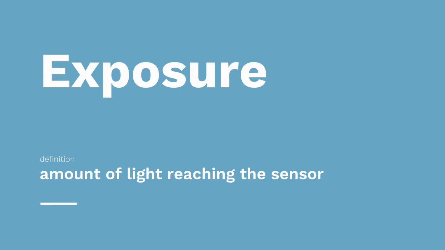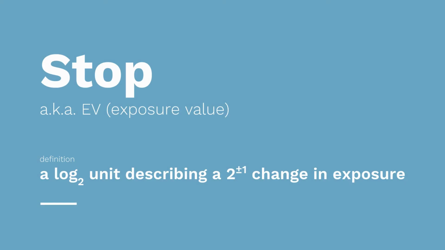Keep that concept in mind when we talk about exposure, because it is certainly a very important concept in photography. We have a way of measuring exposure, and that is the stop. It is a base 2 logarithmic unit describing a doubling or a halving in exposure. So, if your photograph is overexposed by 1 stop, that means that your picture is twice as bright as it should be.